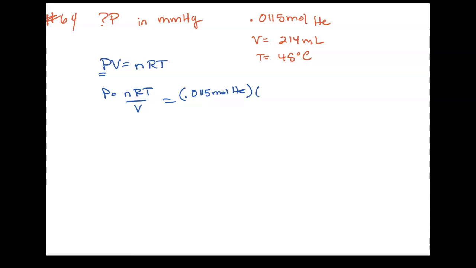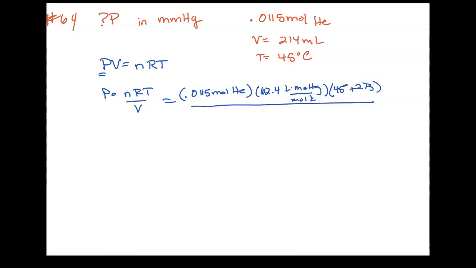R, now we're in millimeters of mercury, so we need to use 62.4 liters times millimeters of mercury divided by mole Kelvin. And temperature is going to be in Kelvin, and we have to add 273 degrees, so it'll be times 45 plus 273 for Kelvin.